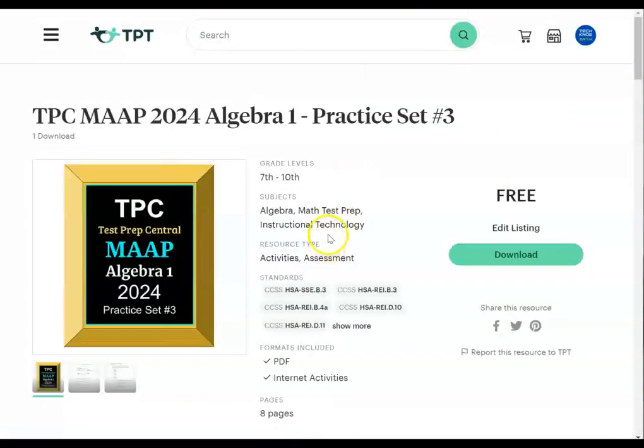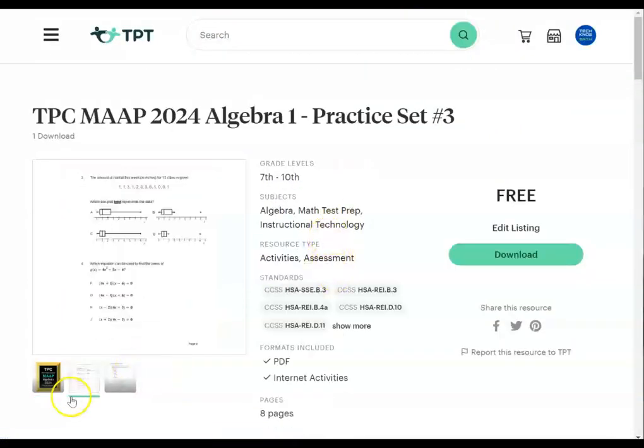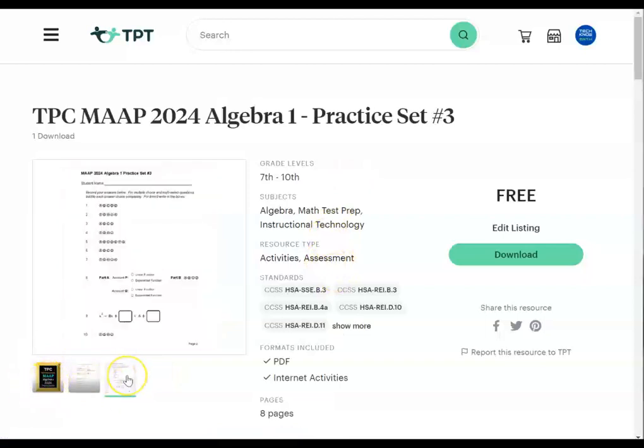When you get in there, it's going to take you here, and you'll get to see a couple of pages. I did show you the answer document to give you an idea of what's on it. And so this is what it looks like. You can use the paper answer document, or just have them write it on the test if you're just doing a practice session together and you're not really scoring it or anything.